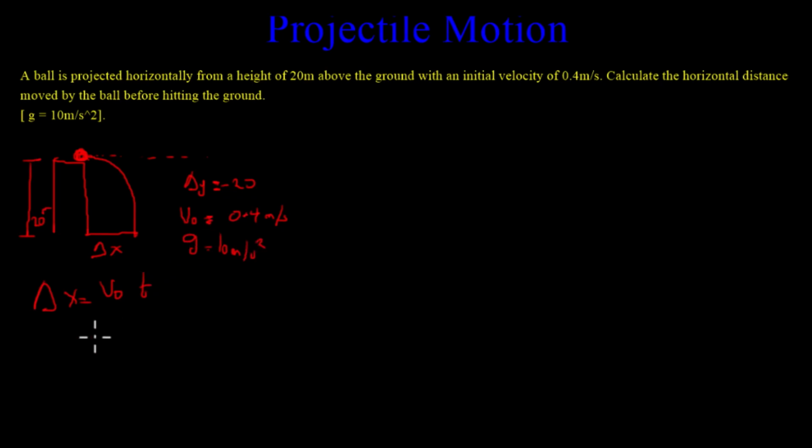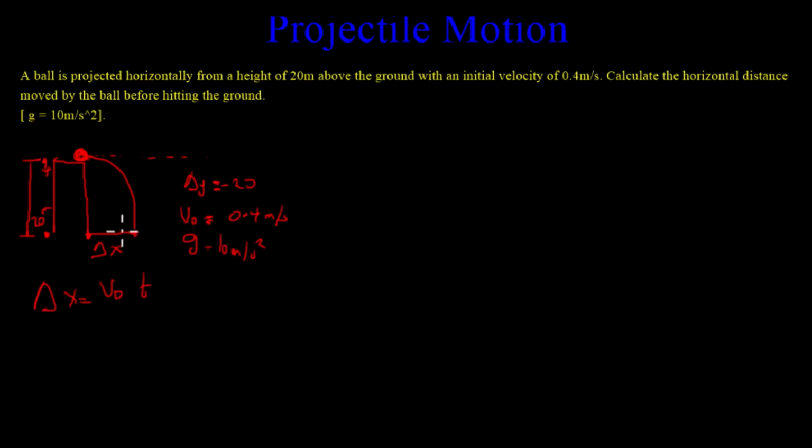Now, for us to find delta x, since we know v naught but we don't know t, we can't use this equation yet. So we have to look at what is actually going on vertically. If we can get the time vertically, the same time applies horizontally. Imagine this ball was falling freely from this height downward. If it uses 10 seconds to fall to the bottom, the same way it will use 10 seconds to move horizontally.